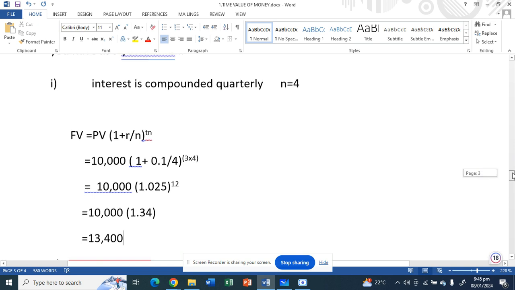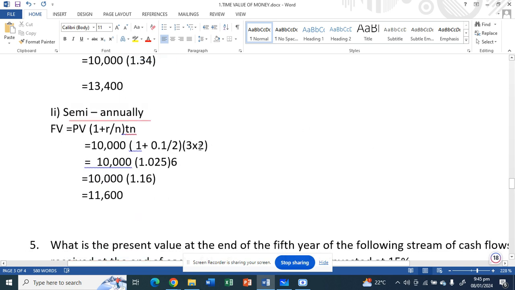Sorry about that. Then here semi-annually, this is where it would be to the power 6. Our time is 3 years. The number of compoundings is twice since it's semi-annually. So it says 0.1 divided by 2, 0.05. 0.05 plus 1, it's 1.05 to the power 6.